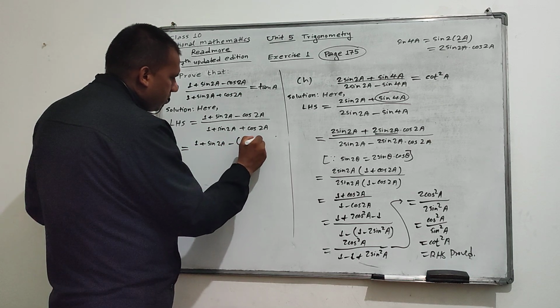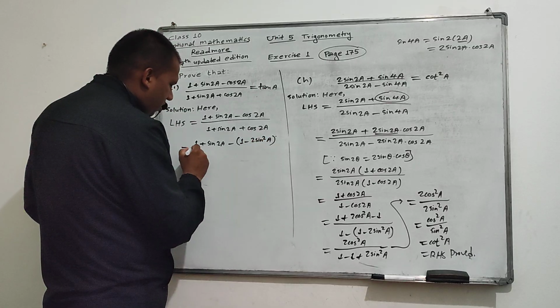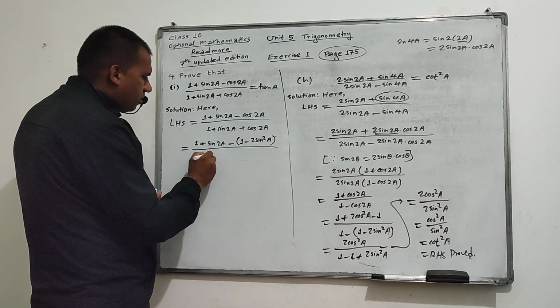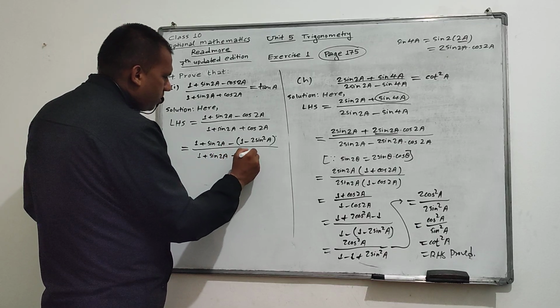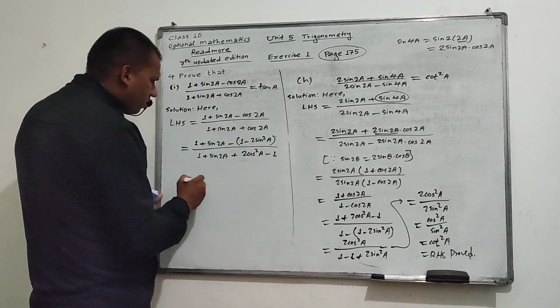That is 1 minus 2 sine square a, whole upon 1 plus sine 2a plus cos 2a, that is 2 cos square a minus 1.